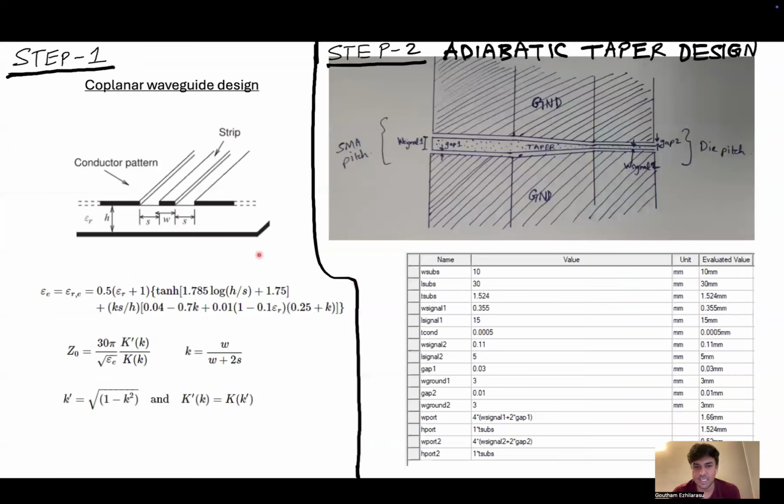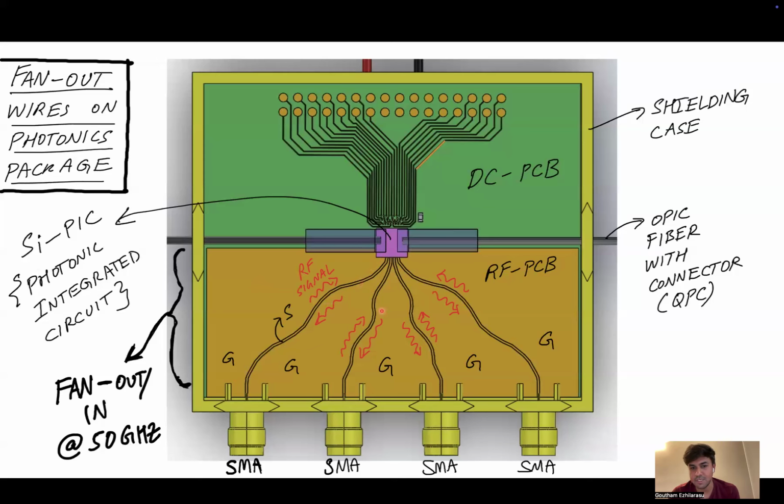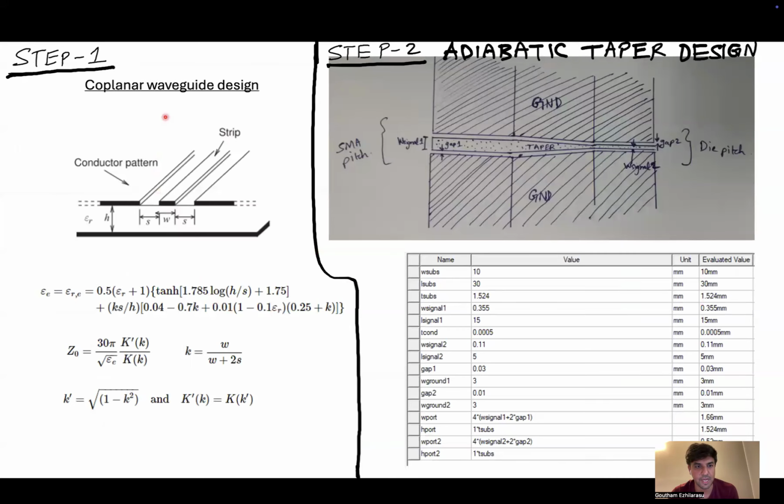The way I designed this is all of these transmission lines were based on coplanar waveguide without a ground connection, so they were a CPW kind of structure. For the CPW structure, this is the typical analytic expression for the effective dielectric constant and the characteristic impedance of this transmission line, which was already talked about in lecture 1.